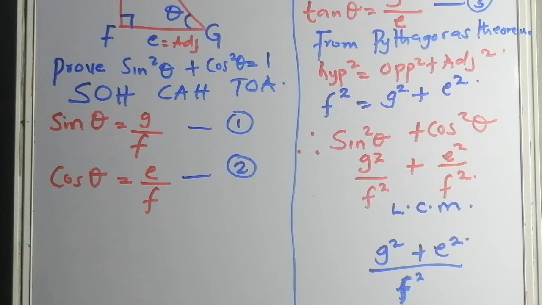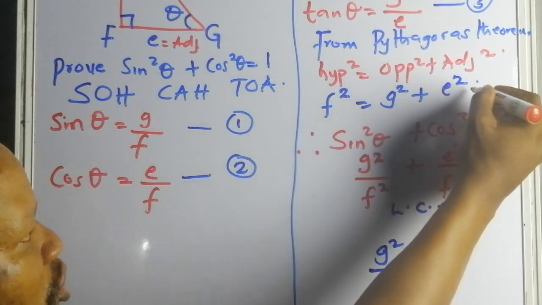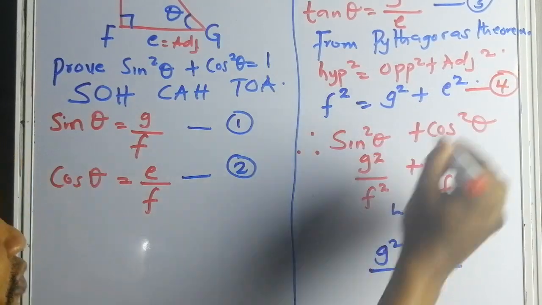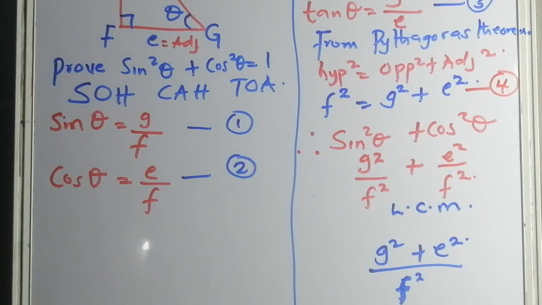After finding the LCM, the next thing you need to do is look at your Pythagoras theorem, which I'm going to target to be equation 4.